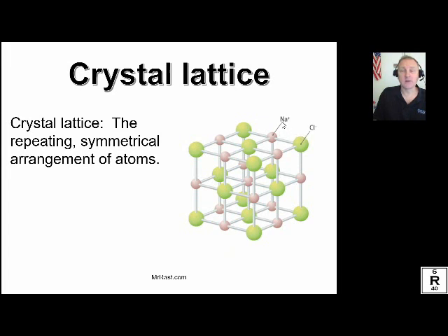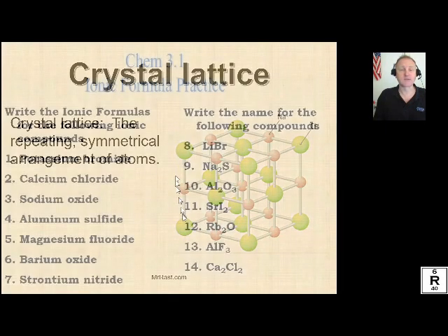Sodium is positive and chlorine is negative, so you have a 1-to-1 ratio. But it's not just one sodium and one chlorine together, it's a crystal, a pattern repeating sodium chlorine over and over. That's why we reduce it: it gives the ratio in the crystal lattice. The crystal could be large or small, so we don't know exactly how many sodiums or chlorines are in it, so we reduce it to its lattice structure.